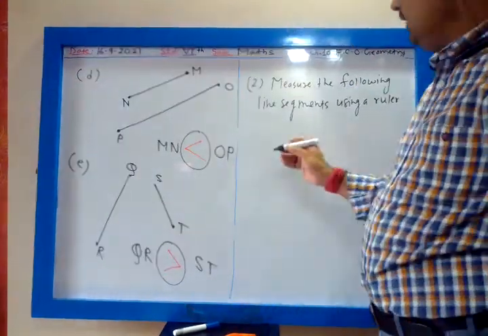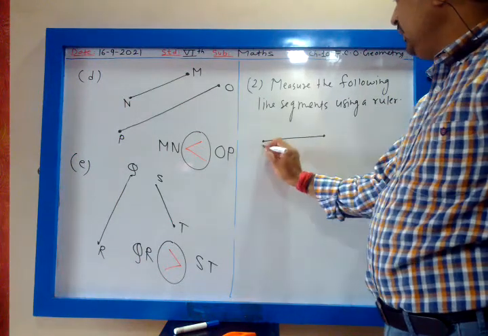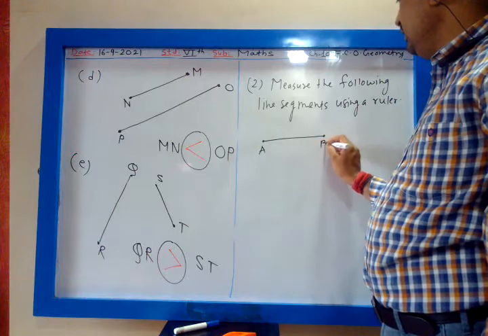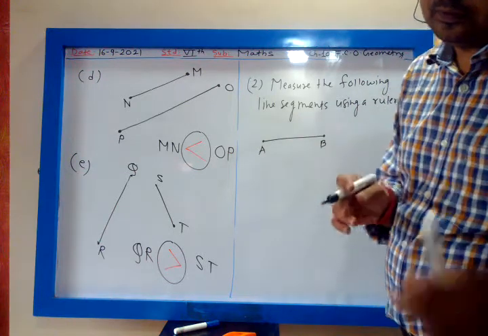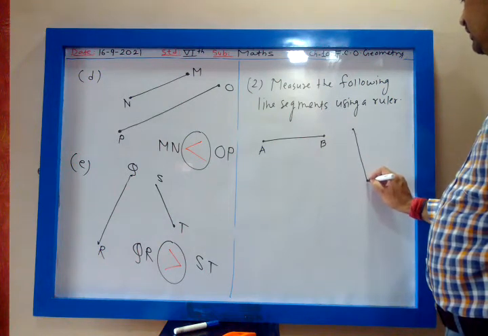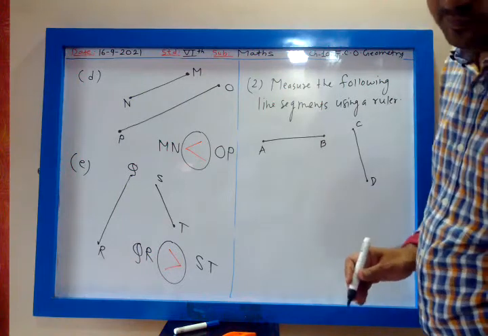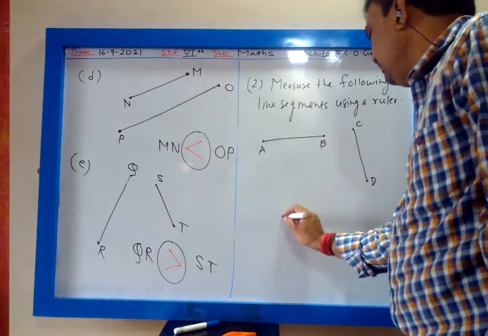So first it is AB. You have to measure the length AB. So use the ruler and measure that in the textbook. In the textbook it is given there, no? So the same diagram, measure the length CD and EF.